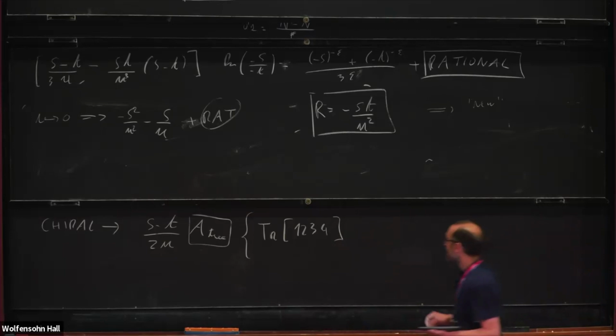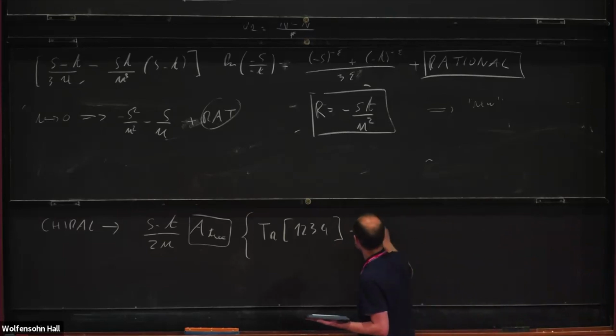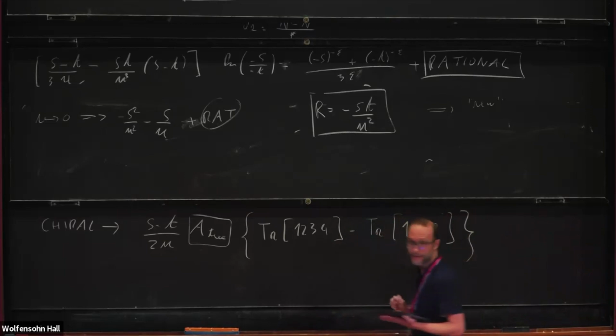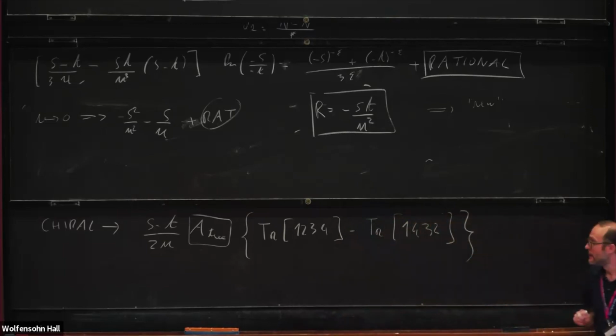Okay, so when I put everything together, the coefficient proportional to 1, 4, 3, 2, so the other direction, picks up a minus sign because of the chiral nature of the fermion, okay? And you get something like that, okay?